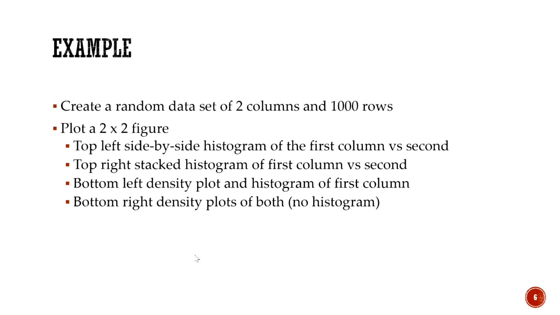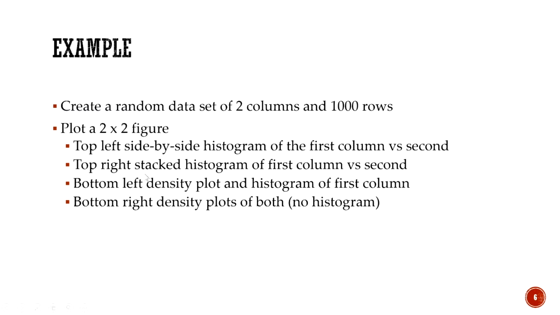So in this example, we want to create a random data set of 2 columns and 1,000 rows. So let's say we have 1,000 observations and 2 variables. Now we want to plot a 2x2 figure. So we are going to use subplot. Top left, side-by-side histogram of the first column versus second. So we want to compare 2 histograms side by side.